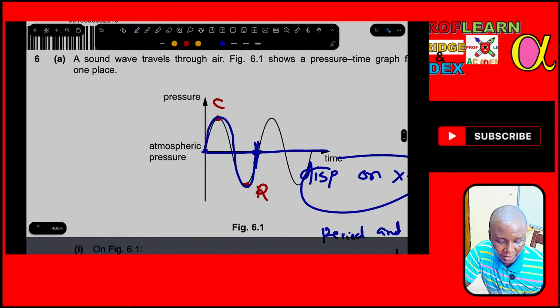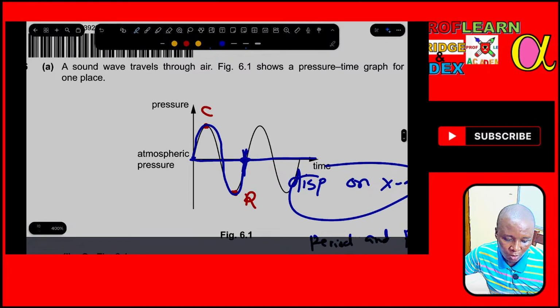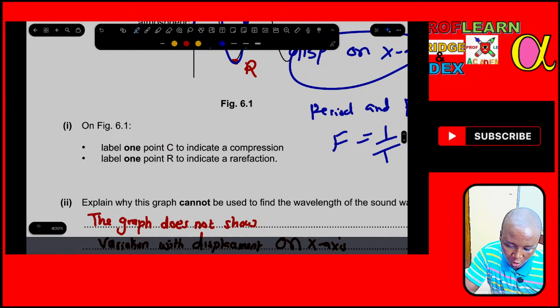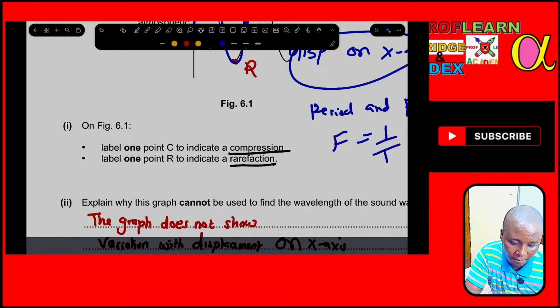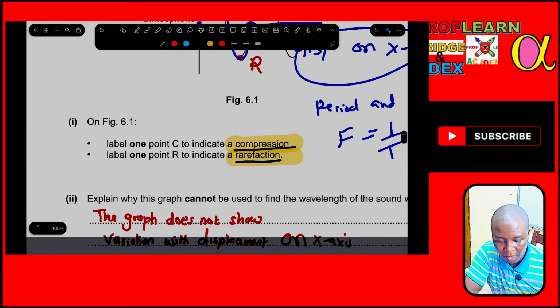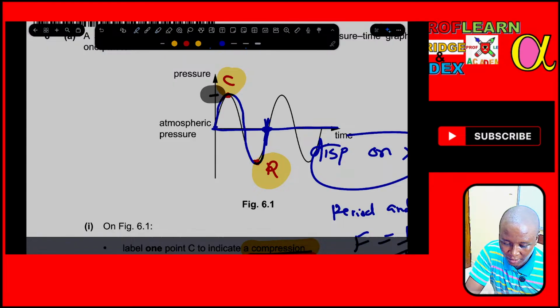Then we have question number 6. Question number 6 was basically talking about a sound wave, and the student was supposed to identify a compression and a rarefaction. Something you were supposed to remember here is that compression is a region of high pressure and rarefaction is a region of low pressure. You can see this is a graph of pressure against time.